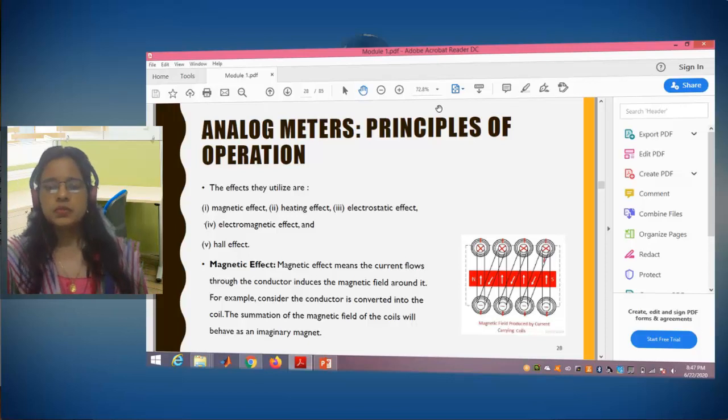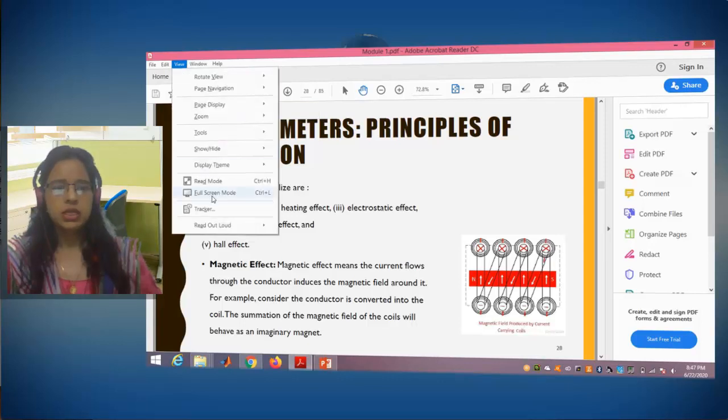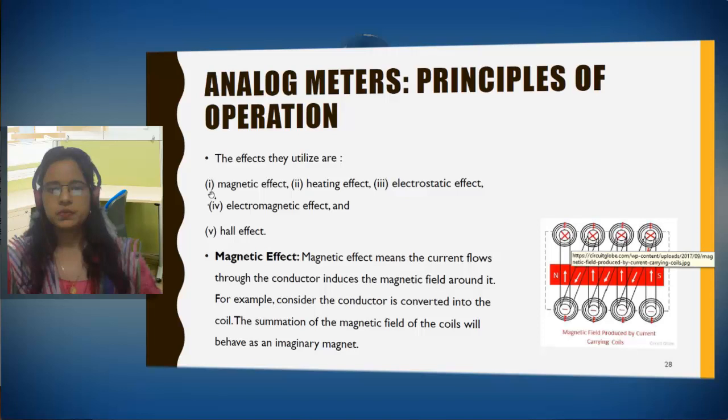So next, let us move to the topic: analog meters, principles and their operation. So let us begin. Analog instruments are based on certain principles. As I have discussed, an analog instrument consists of a dial and a pointer.